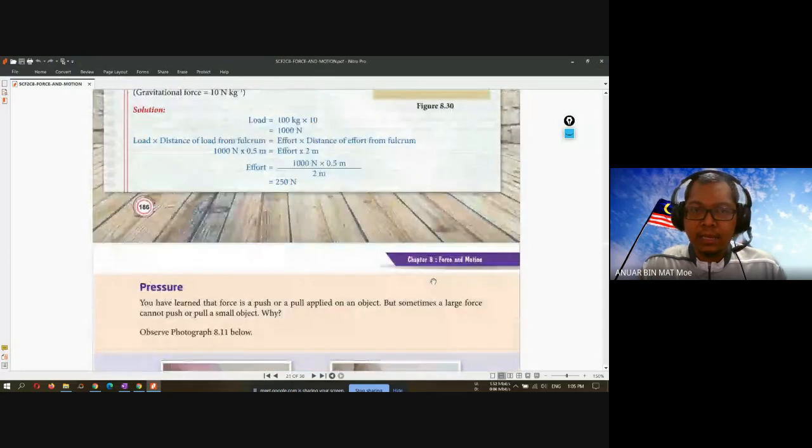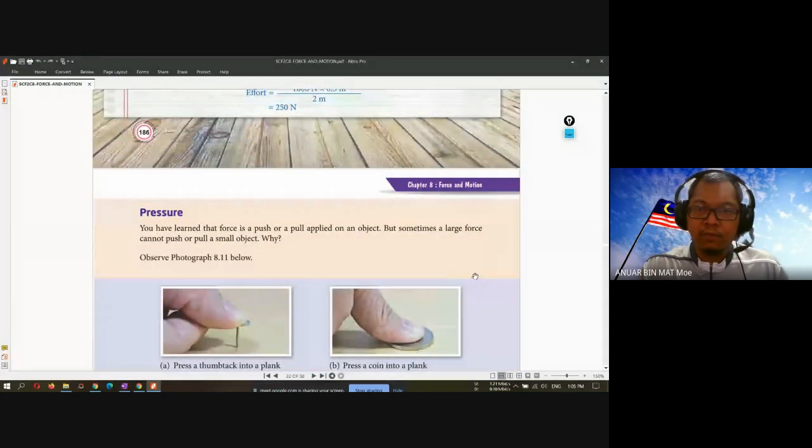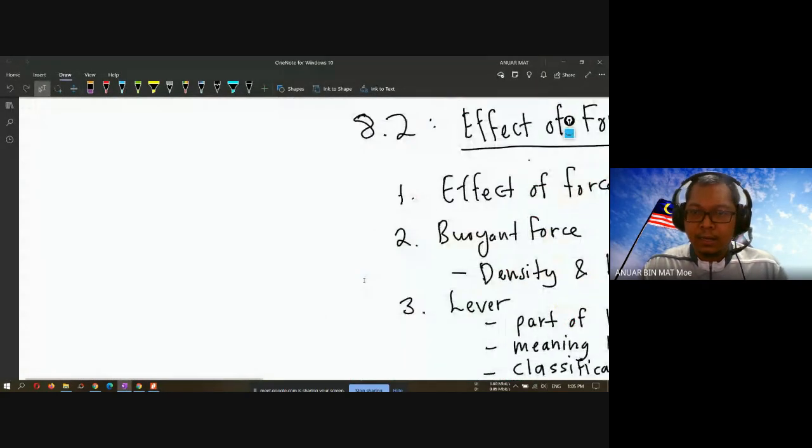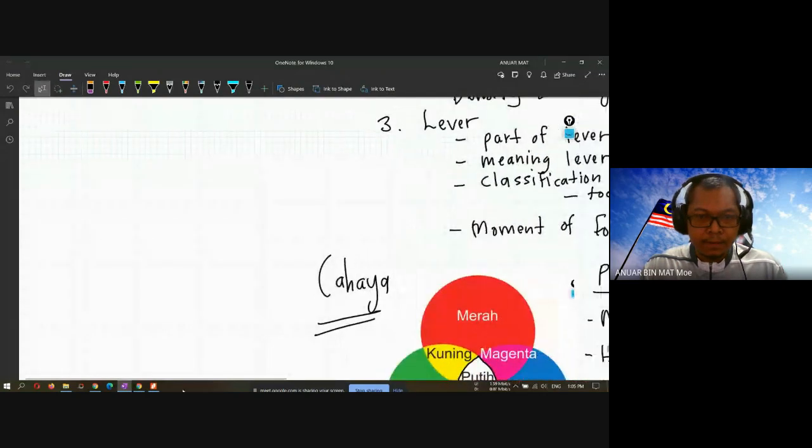Okay, still in topic 8.2, the effects of force.